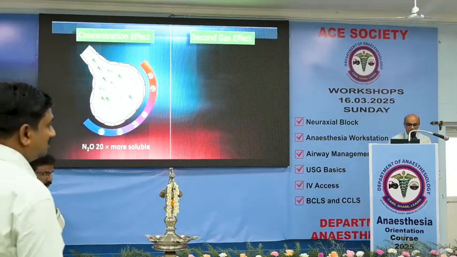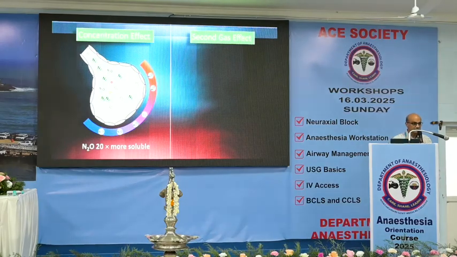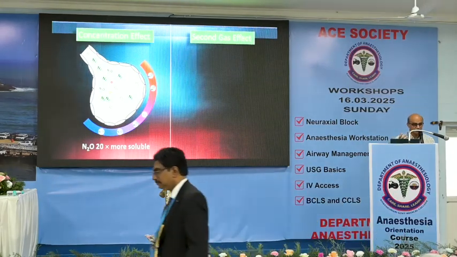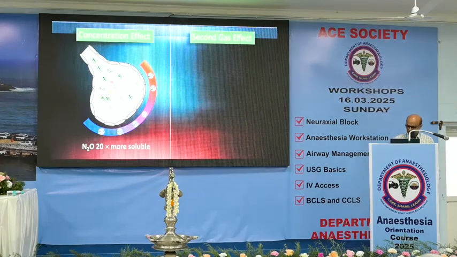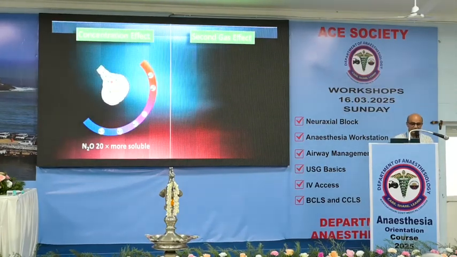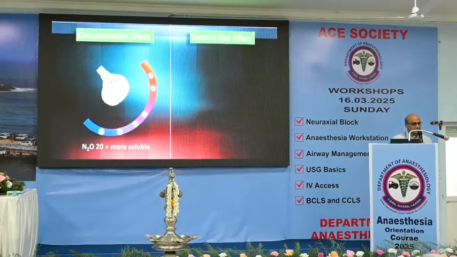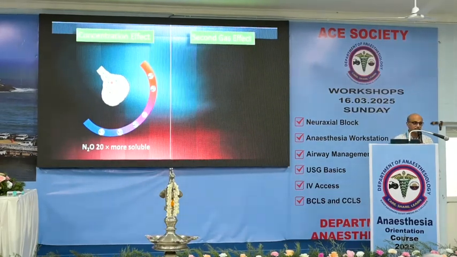That is why when most of the nitrous oxide is lost into the blood, what will happen? The alveoli was filled up with nitrous oxide and oxygen, so the alveoli will shrink in size. The size of the alveoli becomes small because most of the gas which was there in it has diffused into the blood. So there is a reduction in the size of the alveoli.